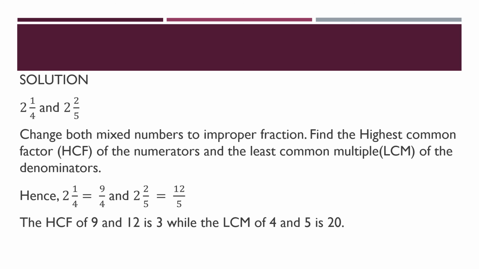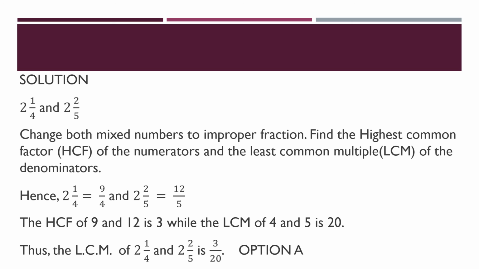Then the least common multiple of 4 and 5 is 20. So with that, I will have my result as 3/20. So the least common multiple of these 2 fractions, 2 and 1/4 and 2 and 2/5, is 3/20. Option A is the right option.